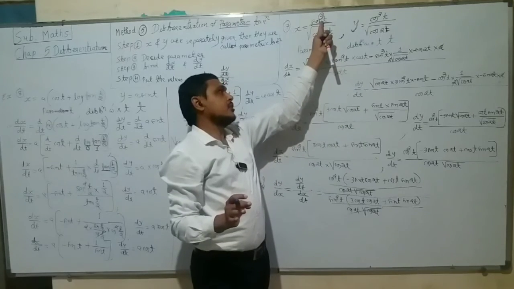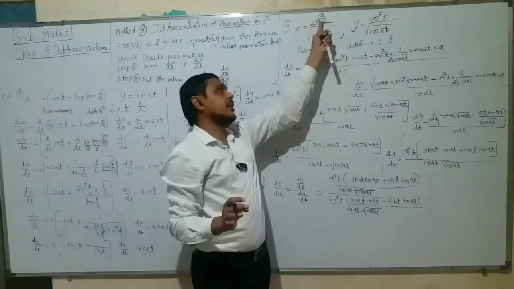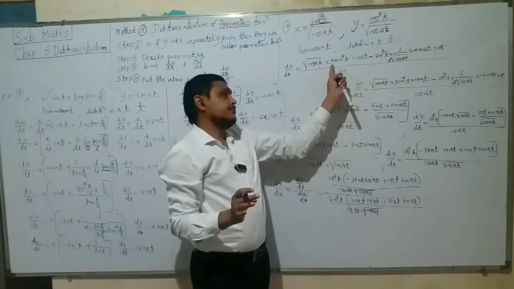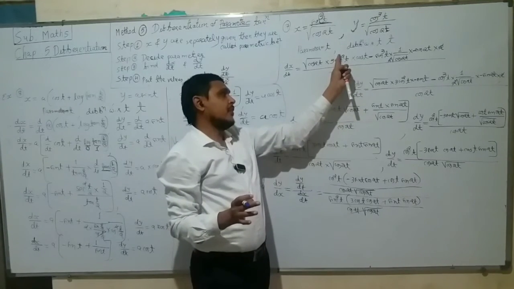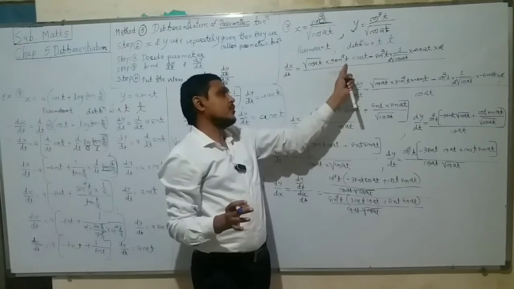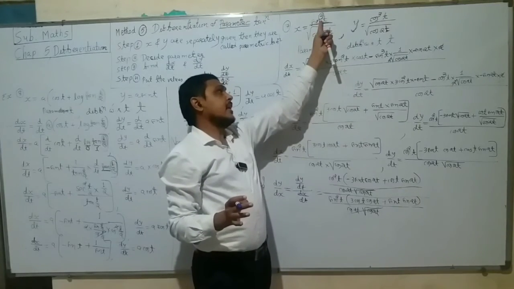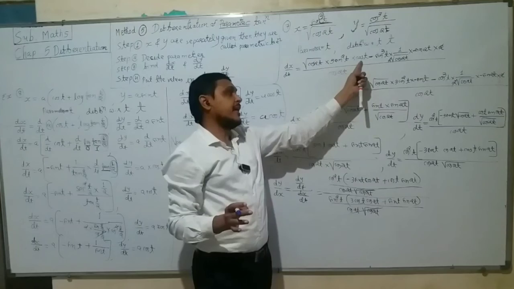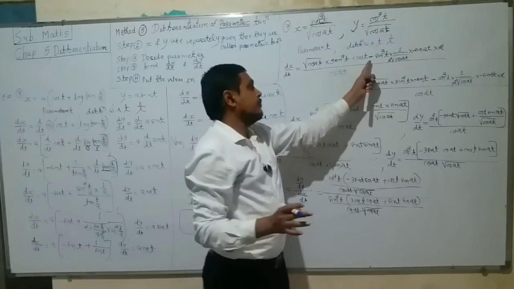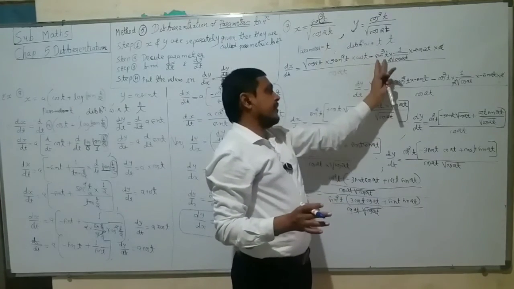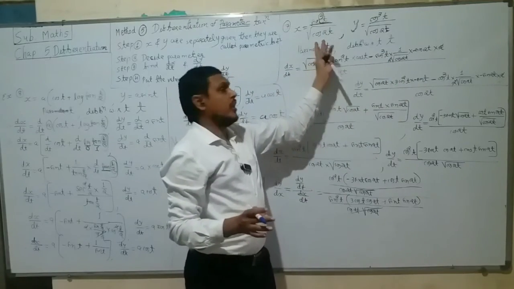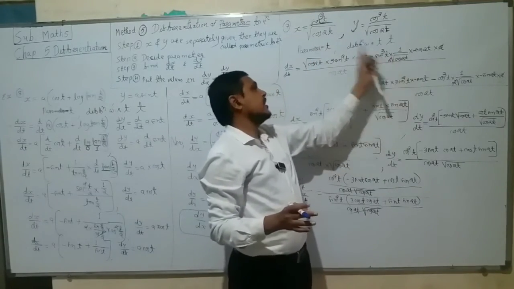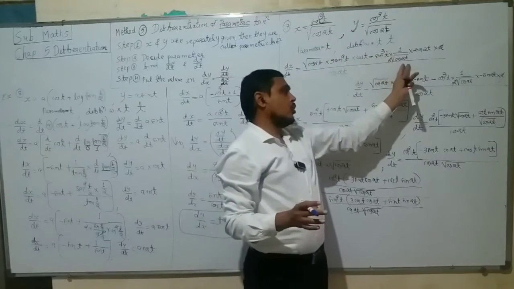For the differentiation of sin cube t, multiply by the power and subtract 1 from the power. So we get 3 sin square t. Sin t is an inner function, so the differentiation of sin t is cos t, minus numerator fix into differentiation of denominator. According to d by dx of root x is equal to 1 upon 2 root x, we get 1 upon 2 root cos 2t.